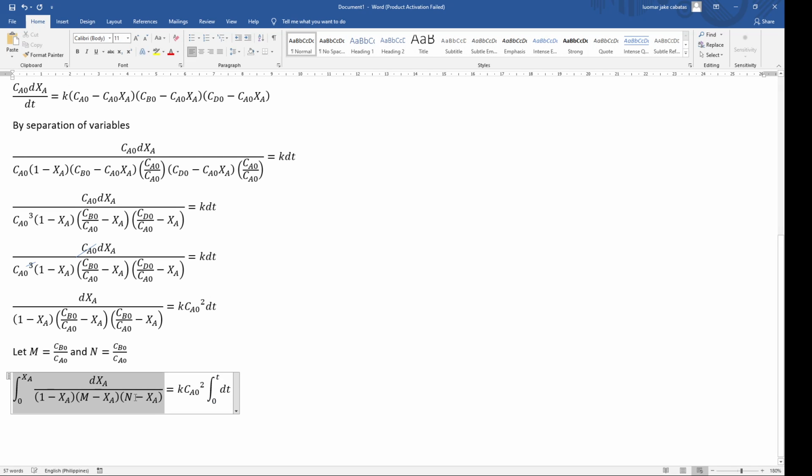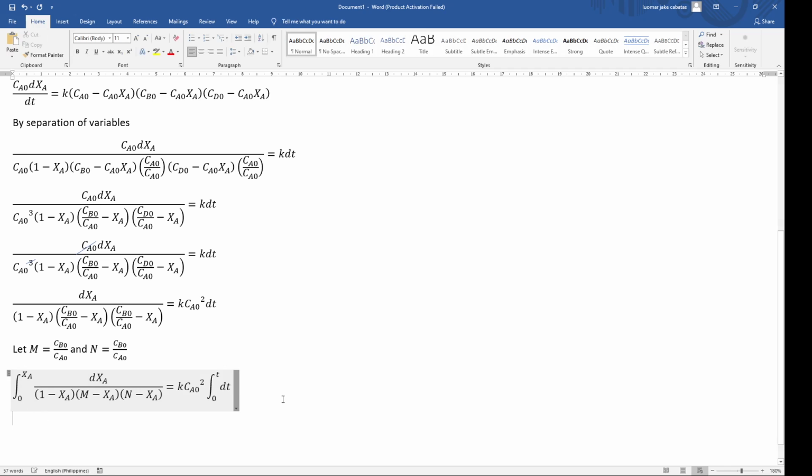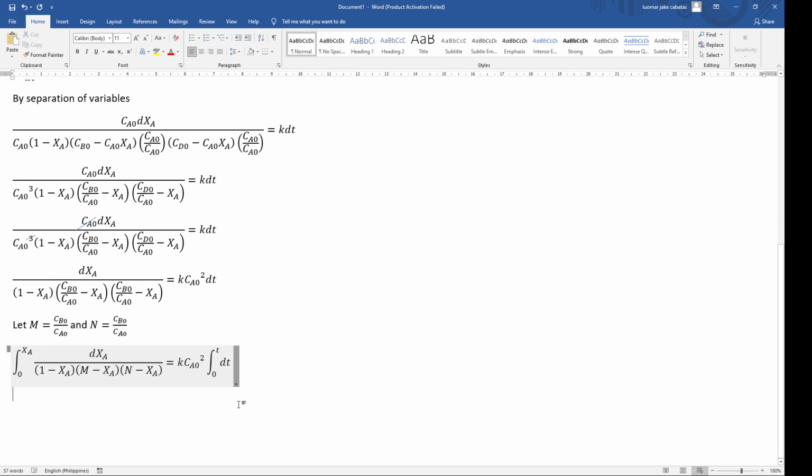And as you all know, we will be using partial fraction decomposition.